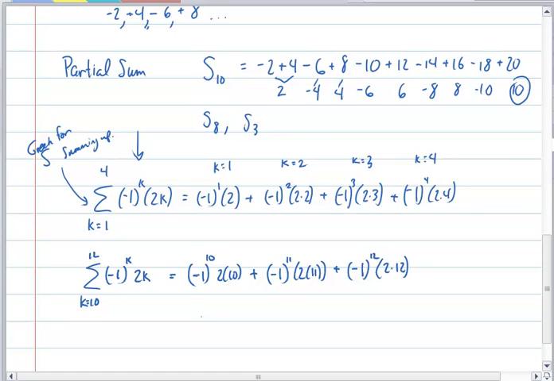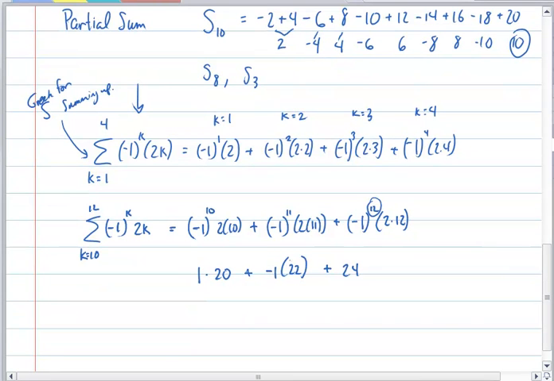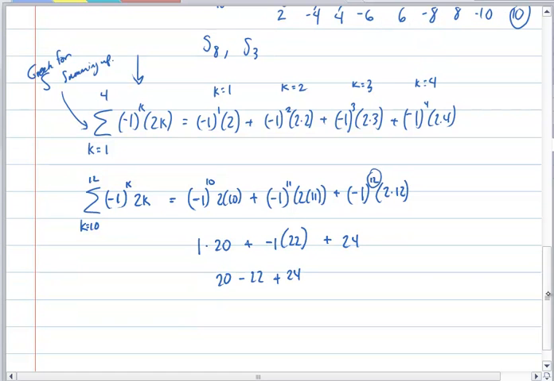For instance, -1 to any even power is 1, and this would be 20. This would be odd, so this would be 22, and this would be even again because of an even power, and this would be 24. And when you add up these numbers, you get 20 minus 22 plus 24, and the summation of that would be 22.